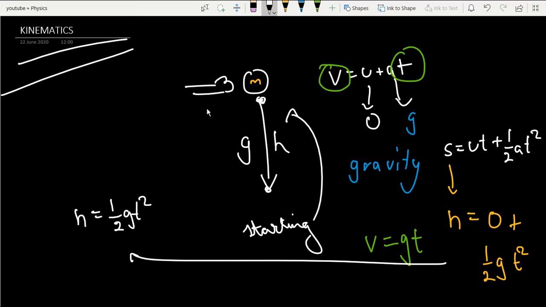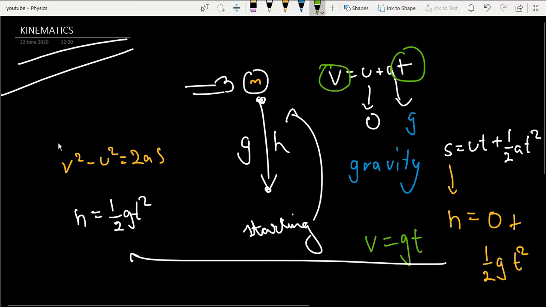Now let's see the third equation. The third equation is as follows: v square minus u square is equal to 2as. So we're going to do the changes as usual. v remains the same, u becomes 0, a becomes g, and s becomes h.